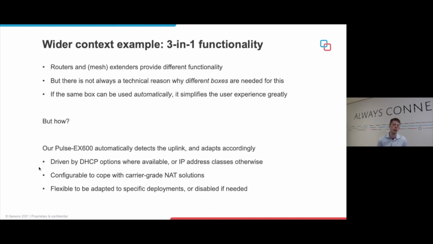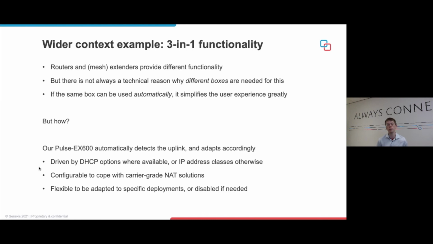Now, of course, you might say, yeah, but these days we ran out of IPv4 addresses, so there's a lot of carrier-grade NAT going on. So of course, we are configurable to be able to cope with that, set up different ranges and so on. No problem. And we are even more flexible to be adapted to specific deployments. And as always, you can even disable this if it doesn't work for your deployment, if you don't like it, or if you have other reasons.